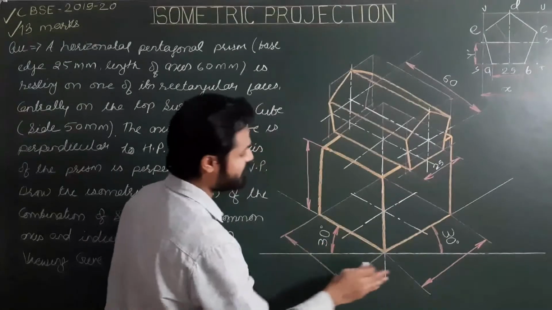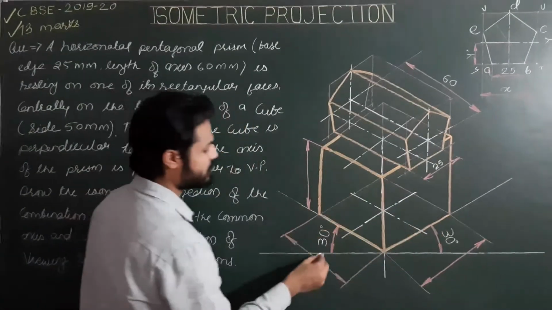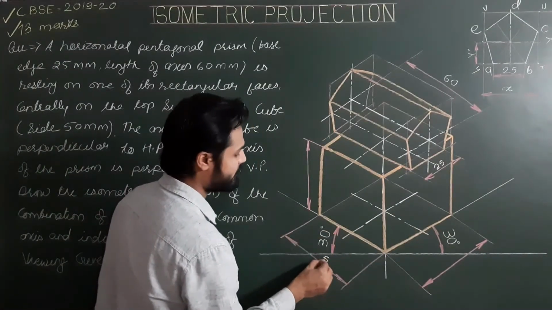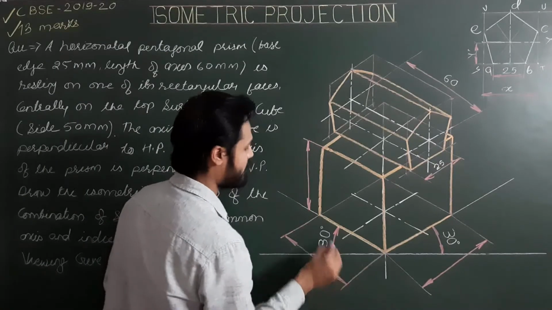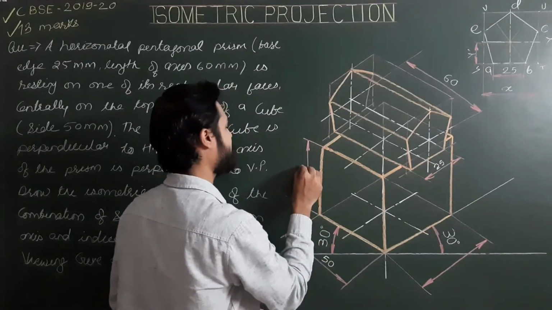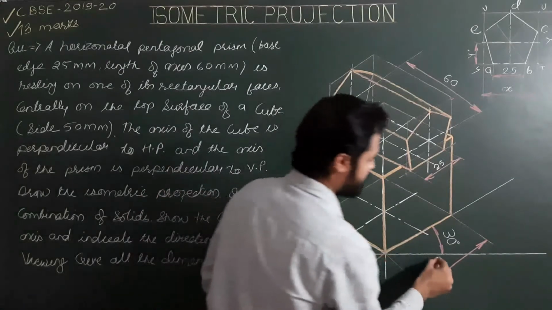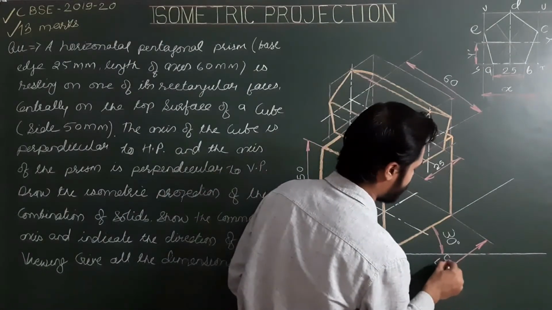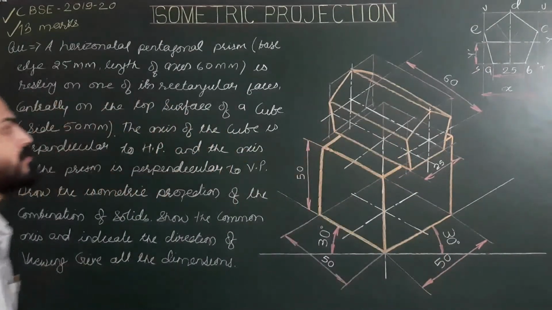All these lines are parallel to the first, second or third iso axis. Side 50, and also 50, 50. And the direction of viewing or observation.